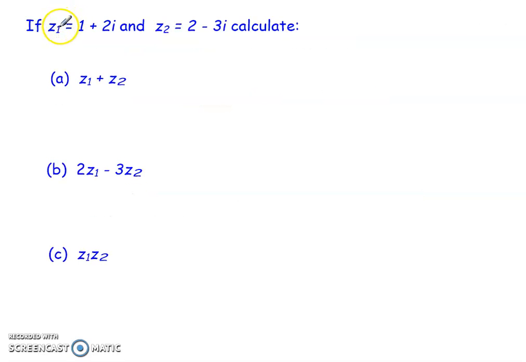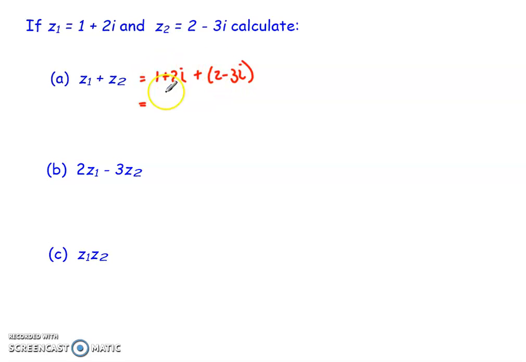So the first one, I've got Z1 equals 1 plus 2i and Z2 equals 2 minus 3i. First thing I'm going to calculate is Z1 plus Z2. That means I've got my 1 plus 2i, adding on the 2, take away the 3i, the second complex number.